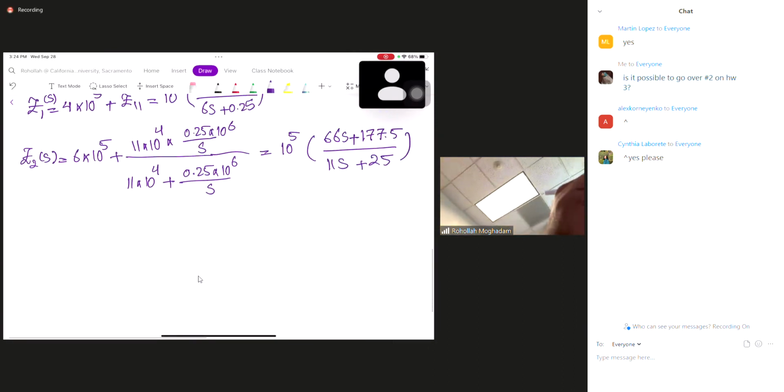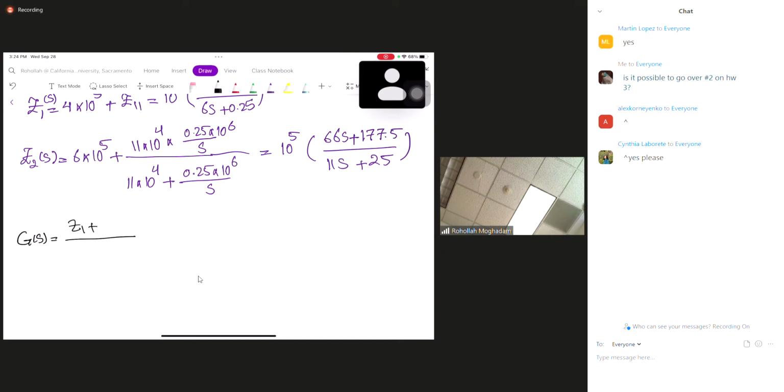So if we write the equation that G of s is (Z1 plus Z2) over Z1, and put everything together, we'll have (660 s squared plus 2145s plus 1068.7) over (264 s squared plus 875s plus 625).